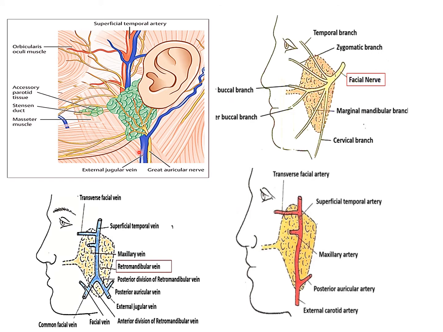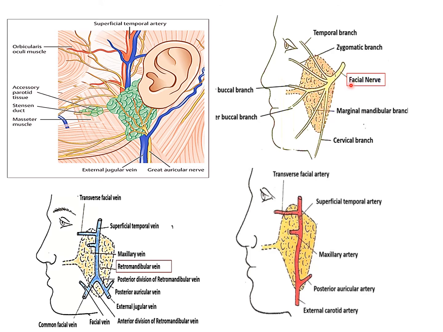Now talking again of the structures which are present in the substance of the parotid gland: they are the facial nerve, the retromandibular vein, and the external carotid artery. The facial nerve is the most superficial structure passing through the parotid gland.